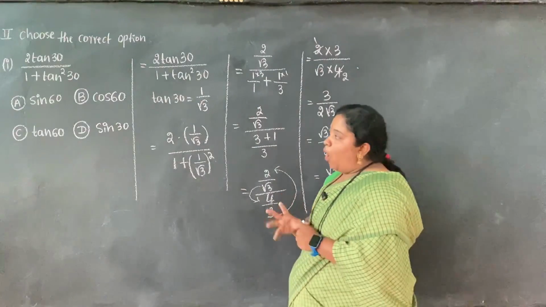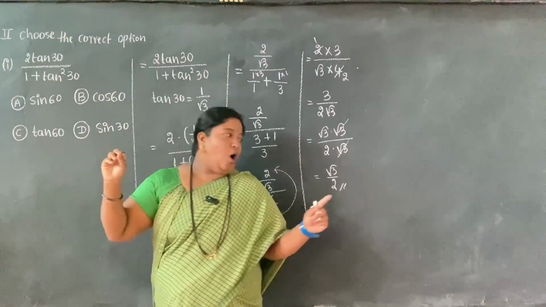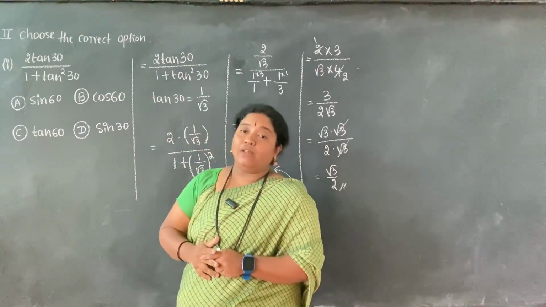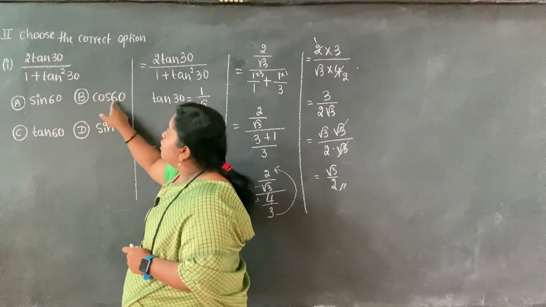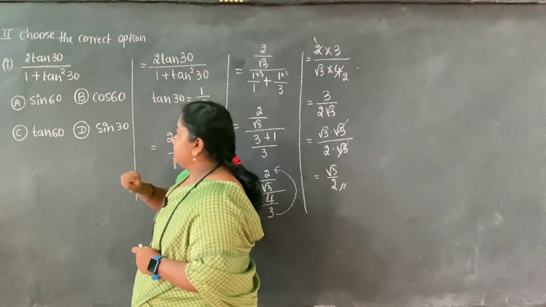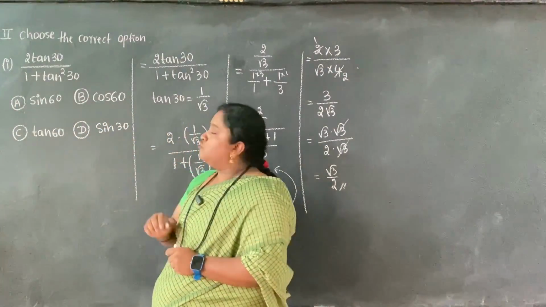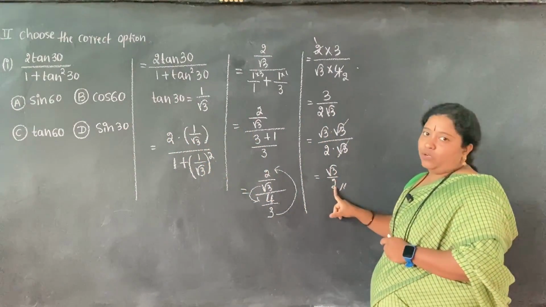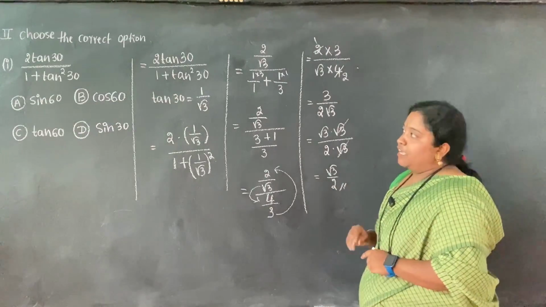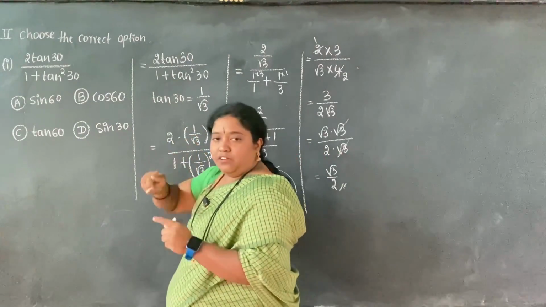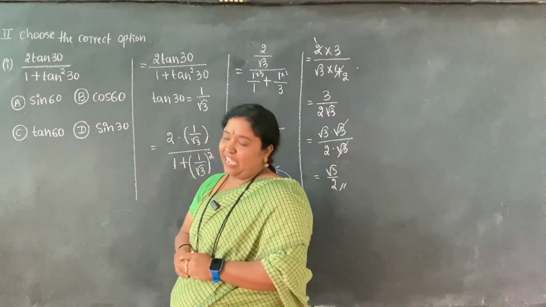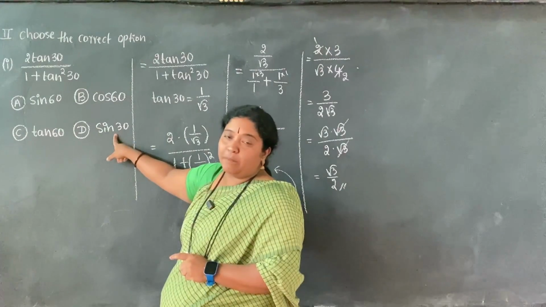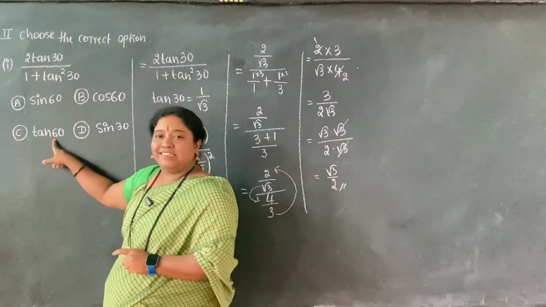But when you look at the options here, I don't have any option like root 3 by 2. But the trigonometric ratio values are given. Sine 60 is given, cos 60 is given, tan 60 is given, sine 30 is given. So among them, we need to identify which value has root 3 by 2. The table has to be remembered to simplify this type of question.